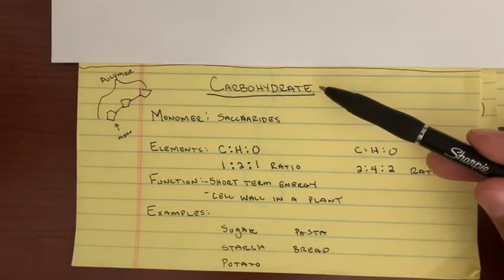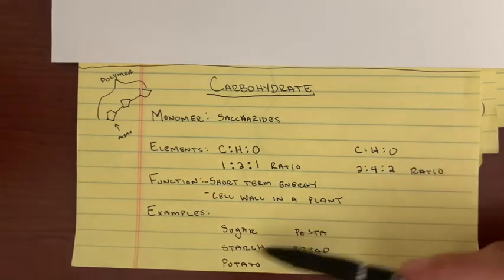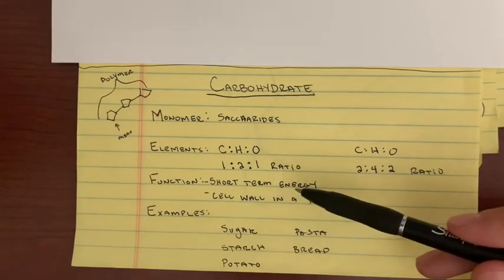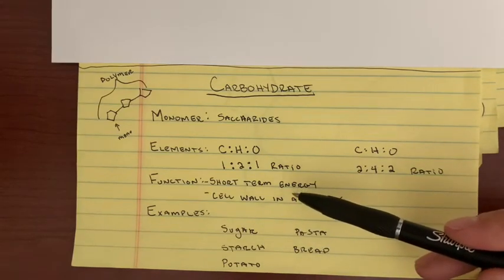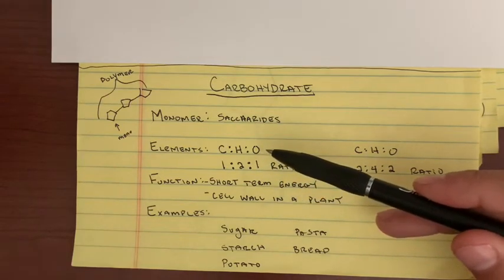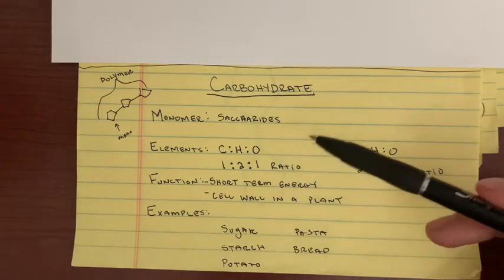And so this is probably the type of biomolecule that you've heard the most, and you've heard of all these things, and you might be familiar with some of the functions, but getting more in depth, you know, the element, what makes up a carbohydrate, and then the ratio, okay?